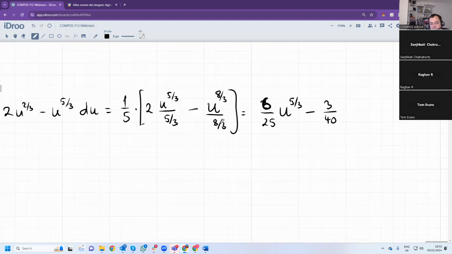The 3 goes on top because we're dividing by 8/3, and when you divide by a fraction you multiply by its reciprocal. So 3 over 40, u to the 8/3, plus C, of course.